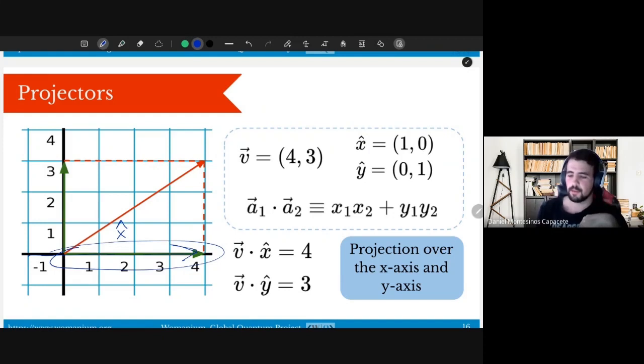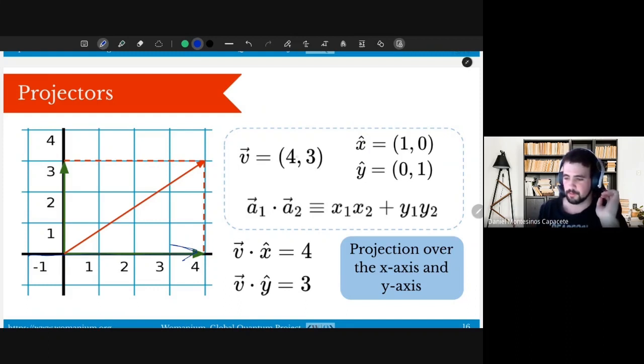So the projection over the x space, or the x-axis, is going to be the corresponding vector that is forming your original vector. I don't know if I have confused you more or not, but the idea is quite simple.